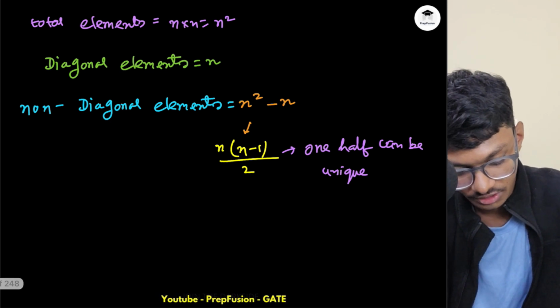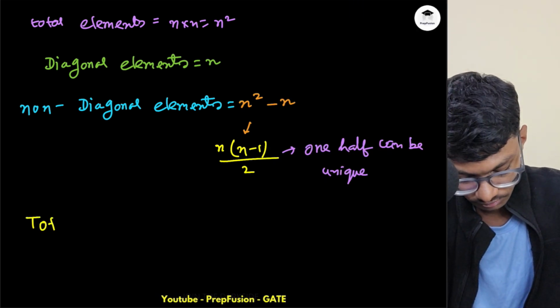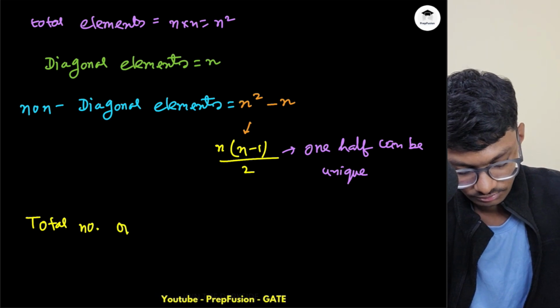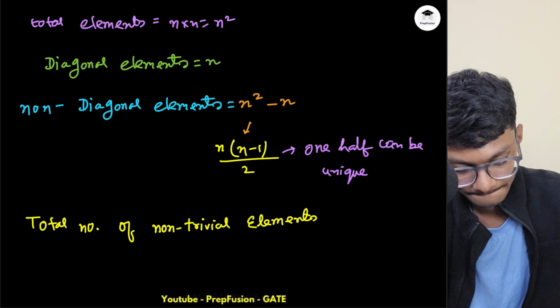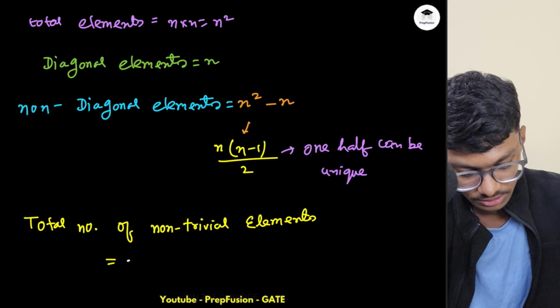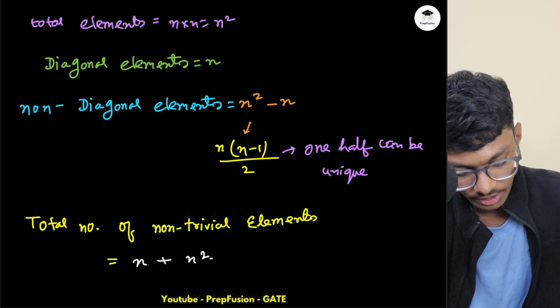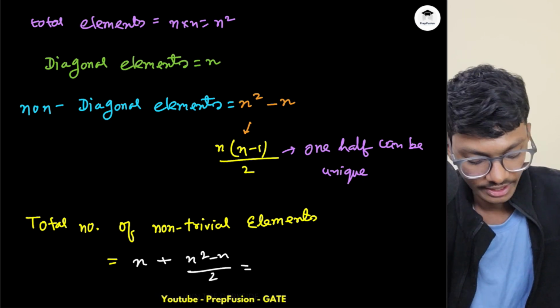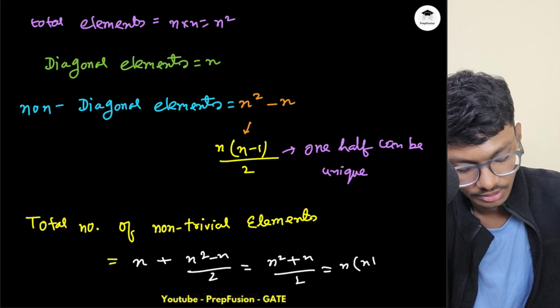So the total number of non-trivial elements is equal to the diagonal elements plus n square minus n divided by 2. Now if I add this n, this becomes n square plus n divided by 2, which is n into n plus 1 divided by 2.